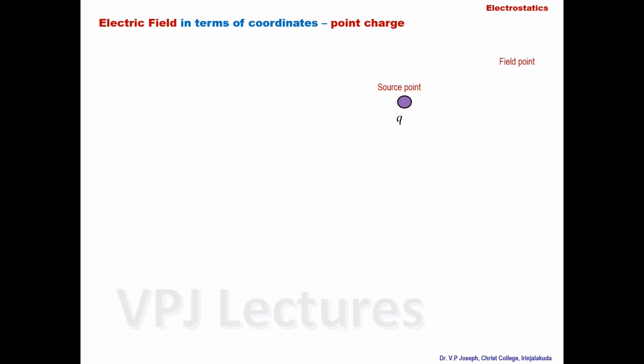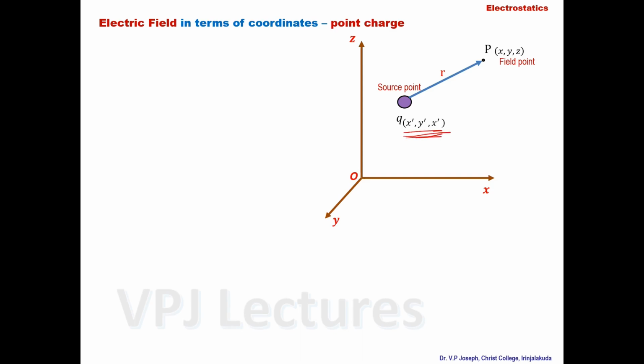The source is placed here, magnitude is taken as Q, and the field point is capital P. Let us consider the original coordinate system like this, and we are assigning the coordinates for the field point as x, y, z, and for the source point it is x dash, y dash, z dash.